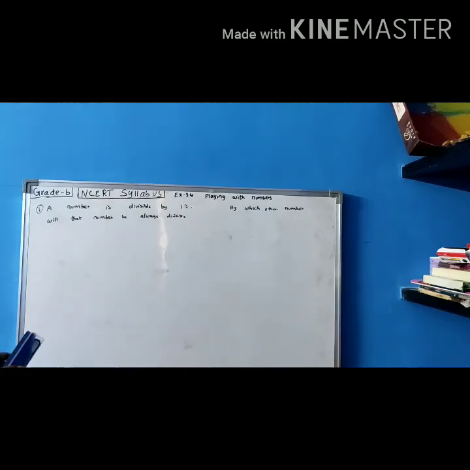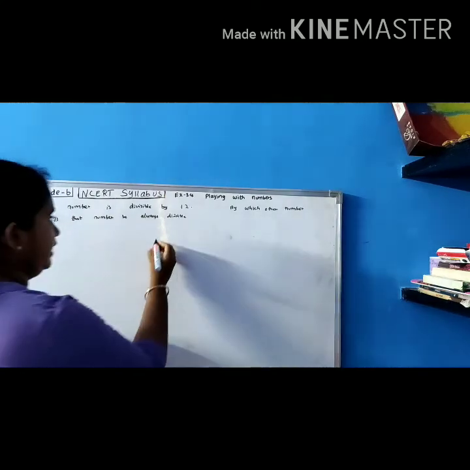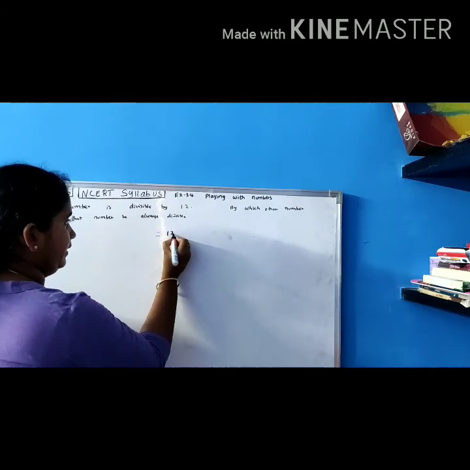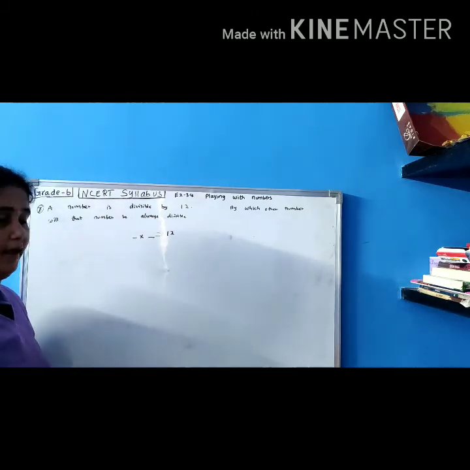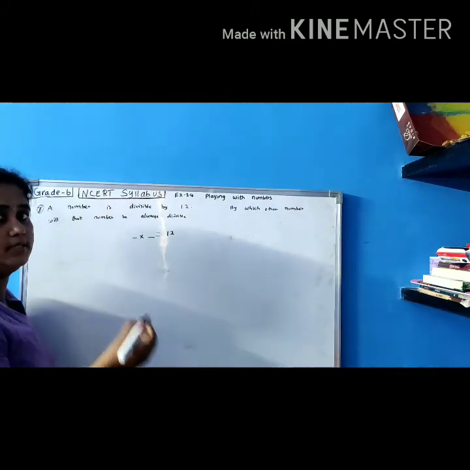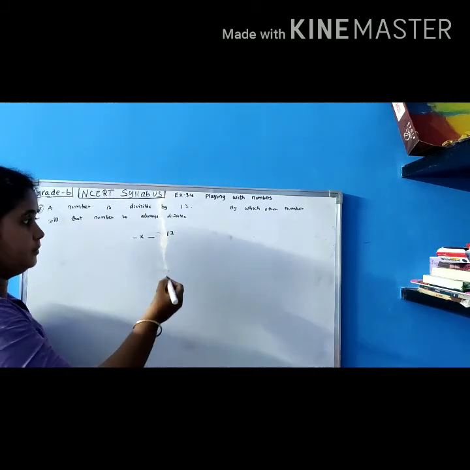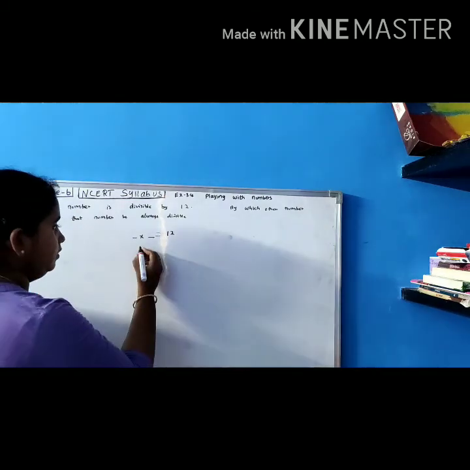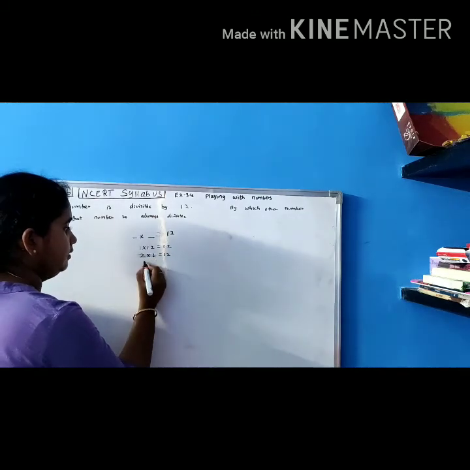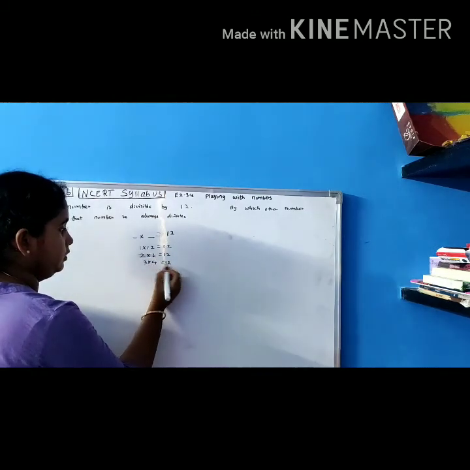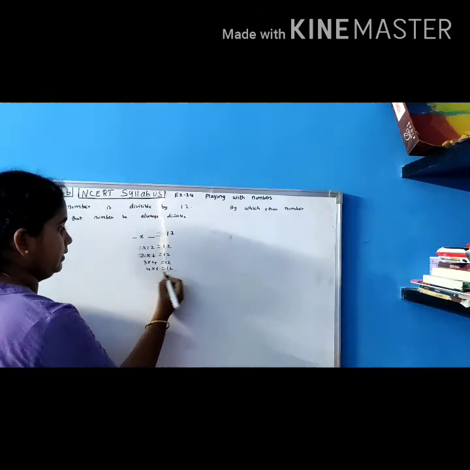Next question. A number is divisible by 12. By what other numbers will that number be divisible? They gave you the answer here, 12, and they are asking what other numbers the number is divisible by. This is nothing but finding the factors. So if you find the factors of 12, you can see which other numbers it is divisible by. So 1 into 12 gives you 12. 2 6s are 12. 3 4s are 12. 4 3s are 12.